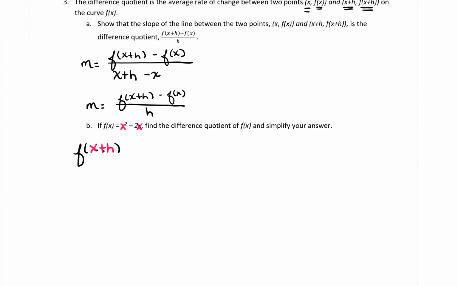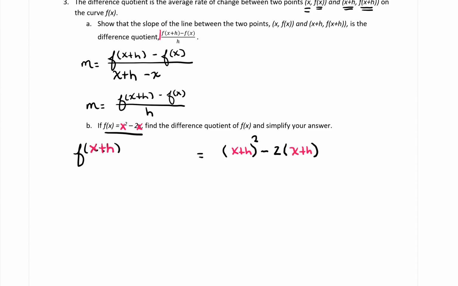I'm going to plug it over here, and plug in parentheses wherever we see an x in our function f of x. So we have an x squared, so we have a parentheses squared. Minus 2 times x, so we have minus 2 times a parentheses. Now let's go in there and plug in x plus h wherever we have those parentheses.